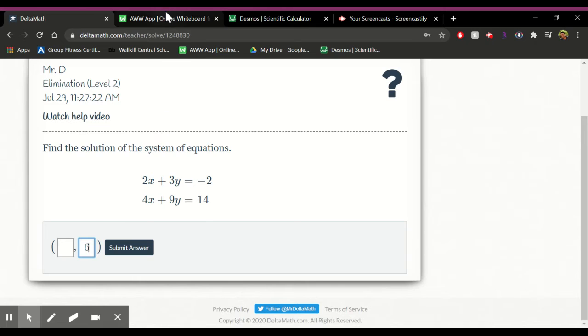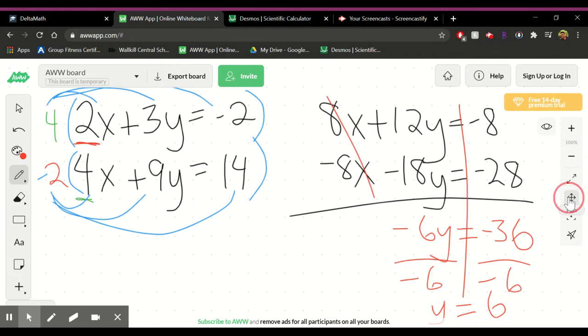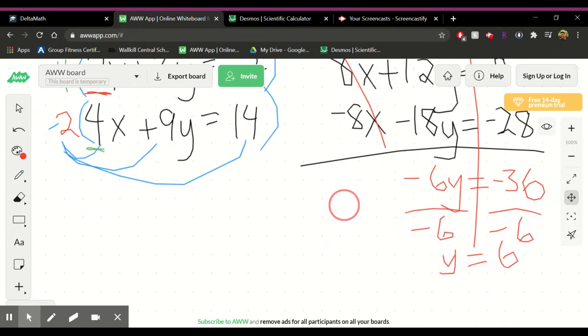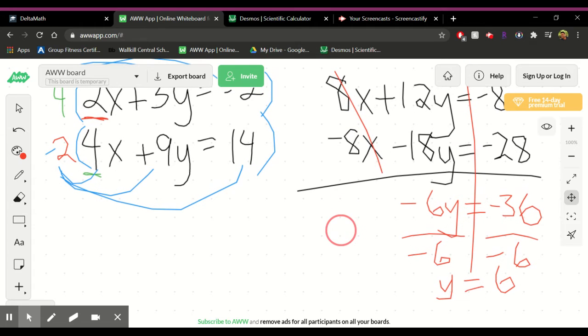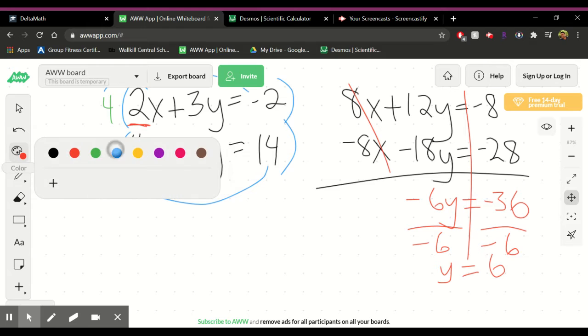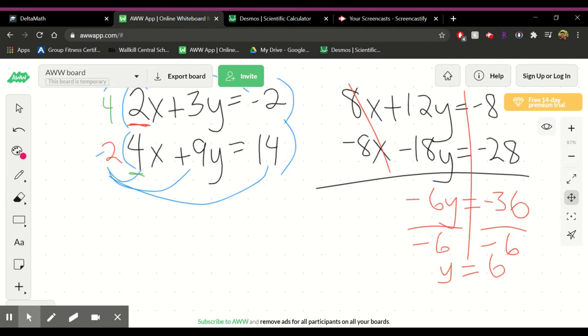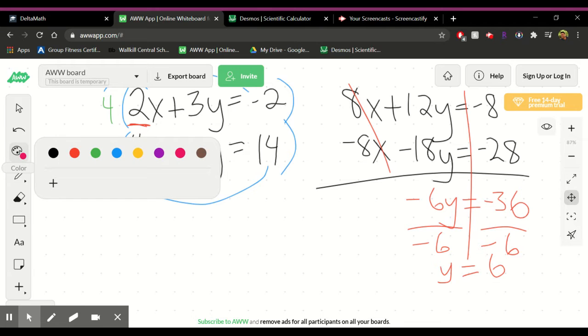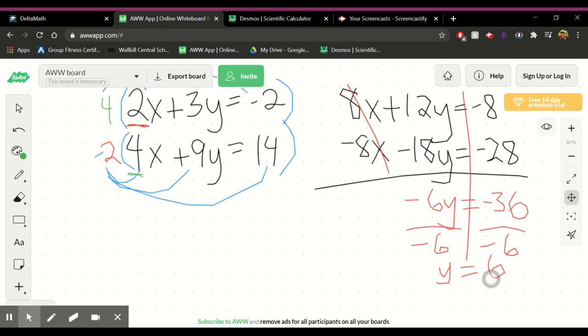Now I'm going to plug this into one of my original equations to find x, because those are usually numbers I like dealing with more, because they're a little bit easier to do in my head. So I'm going to plug it into the top equation.